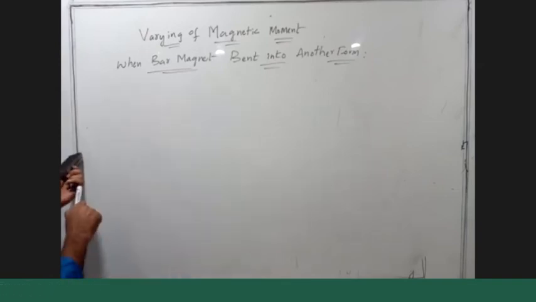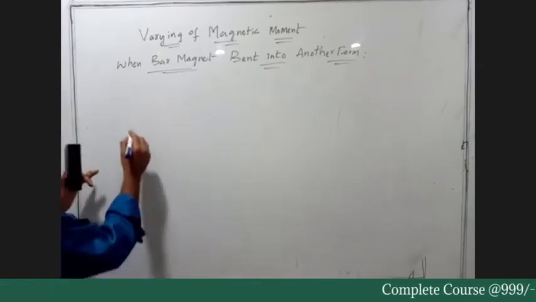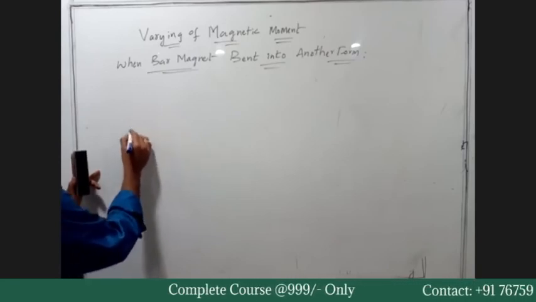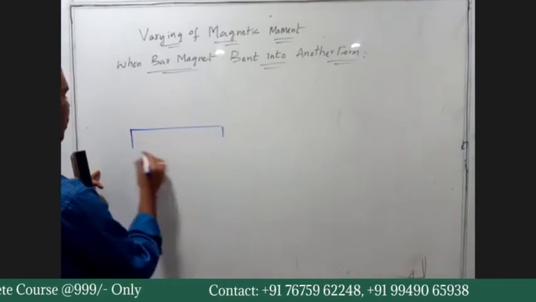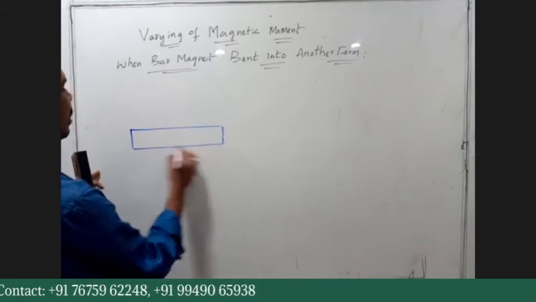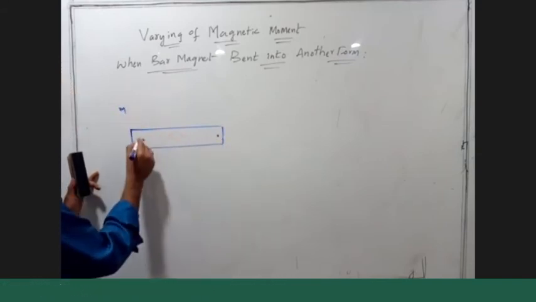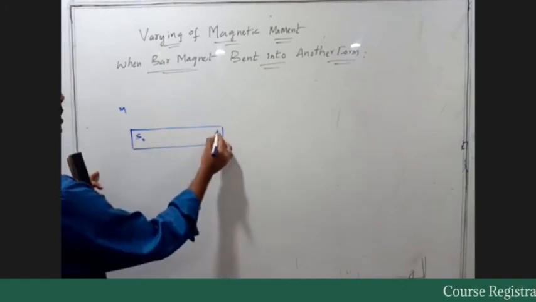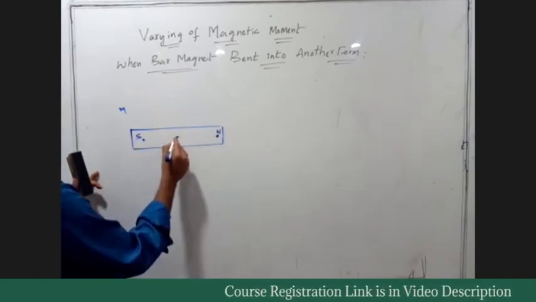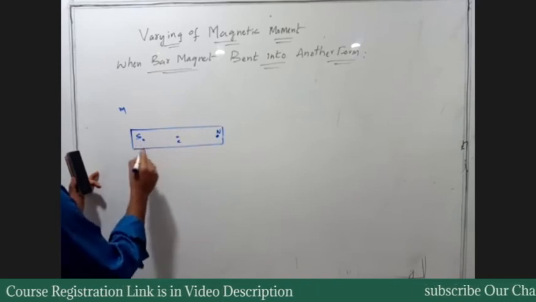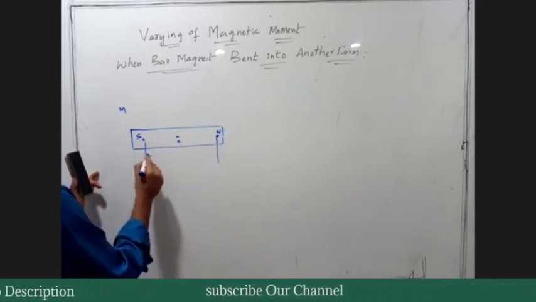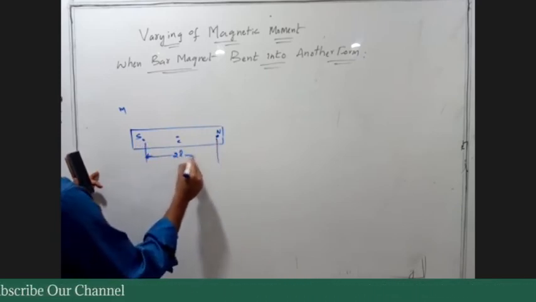For example, here we have a bar magnet. Suppose this is a bar magnet of pole strength M. This is the south pole, this is the north pole, somewhere between them is the center, and this is the length of the bar magnet, which I consider to be 2L.